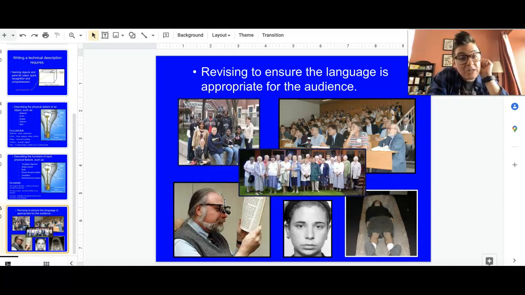And as you can imagine, you want to tailor your language so that it is accessible to the person who has the least expertise, right? But you also want to make sure that you design a document and include images in this technical description that make it easy to comprehend for anybody, right? So just really keep that in mind.